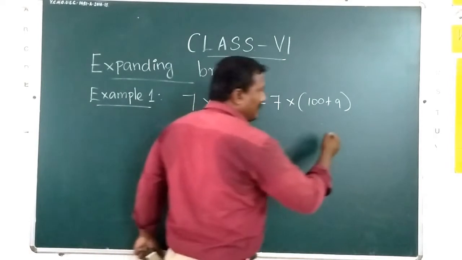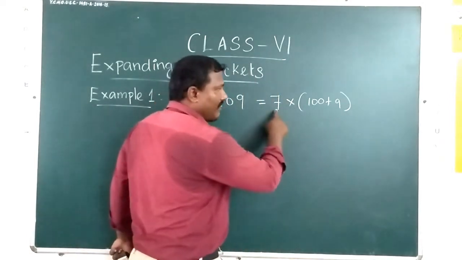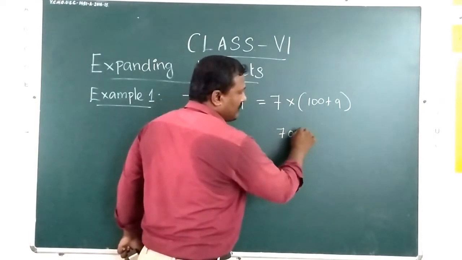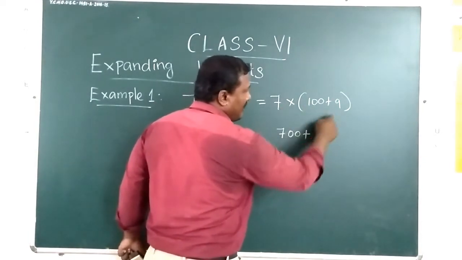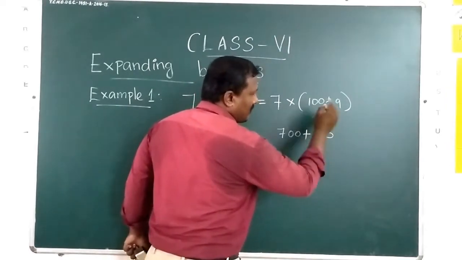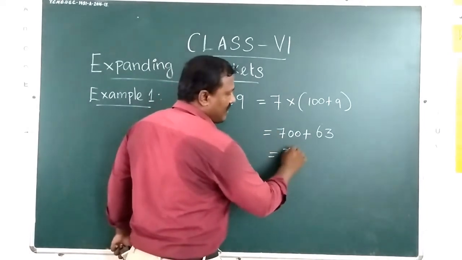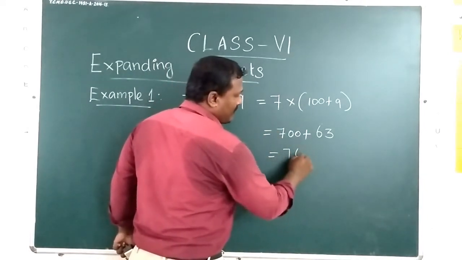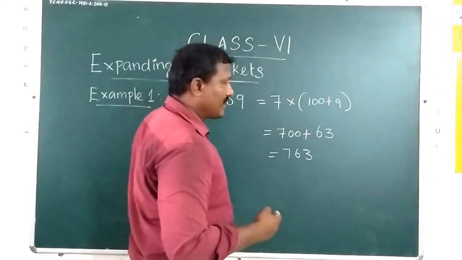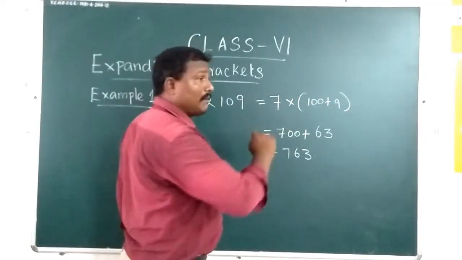After that, we can multiply easily: 7 into 100, we get 700, plus 7 into 9, 63. Now we can add easily: 763. So we can get the solution easily in a systematic way by using brackets.